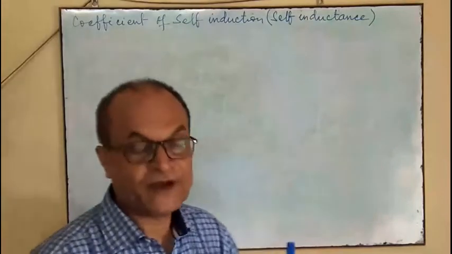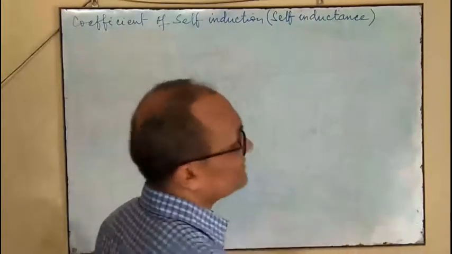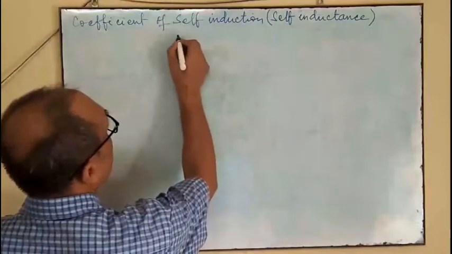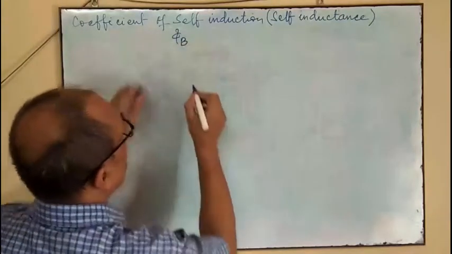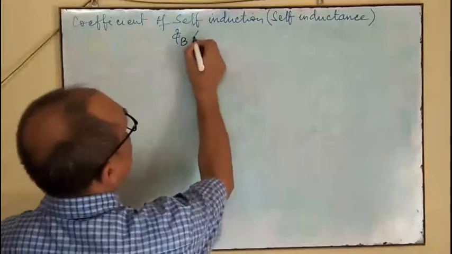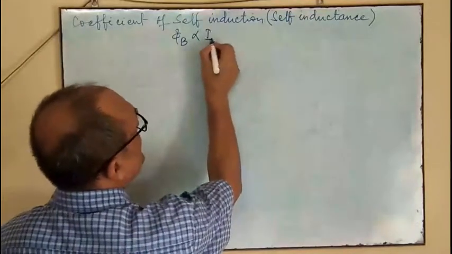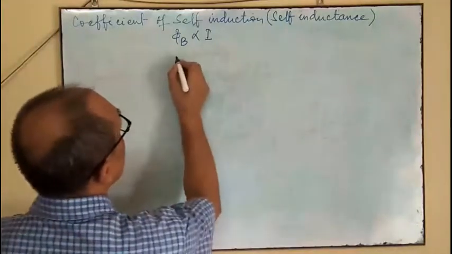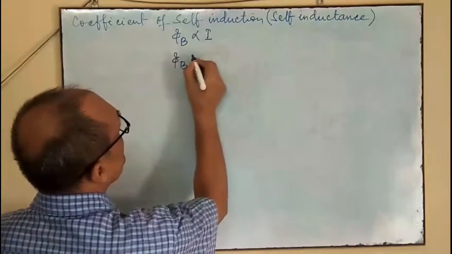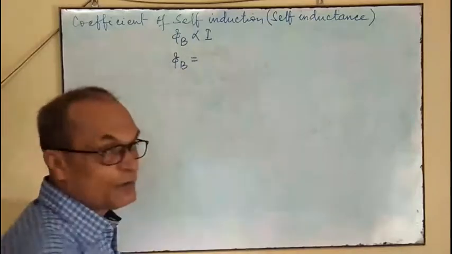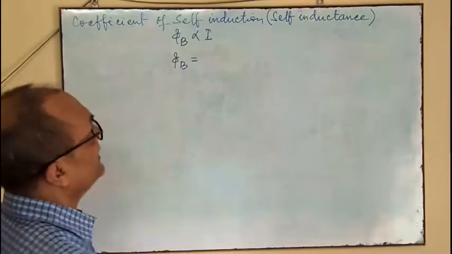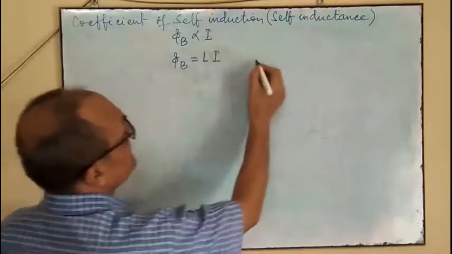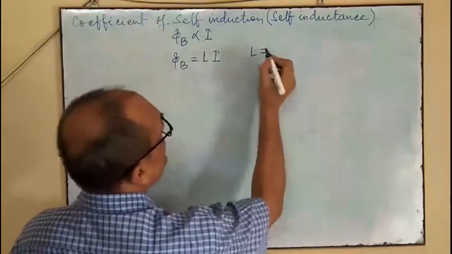Means if the current is higher, the magnetic flux will be higher. So we can say that magnetic flux phi B is directly proportional to the current I. So we can write phi B equals a constant, denoted by L, times I.